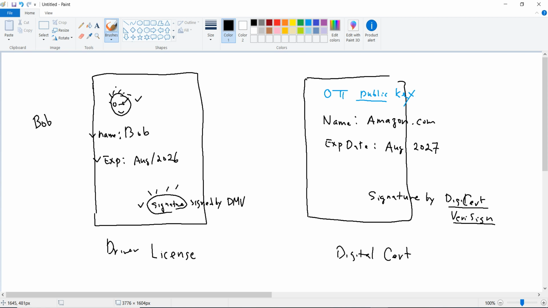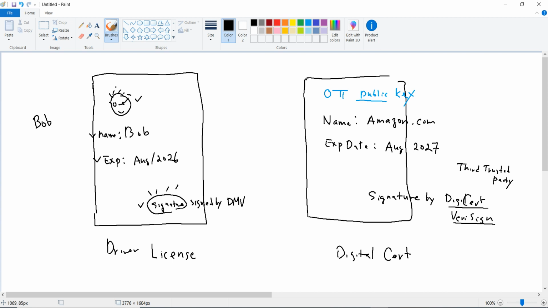So the key point is that this is a trusted third party, the TTP, like companies such as DigiCert or VeriSign.